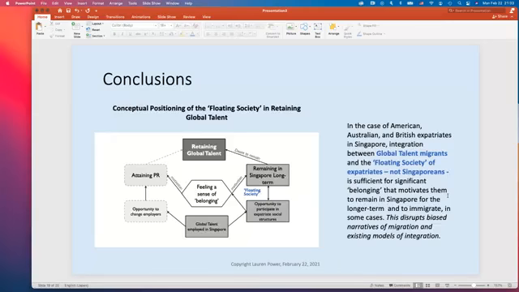So this, again, going back to what we talked about before, disrupts the bias narratives of migration and existing models of integration. And this is what we can learn from global talent narratives in terms of greater application to migration studies.